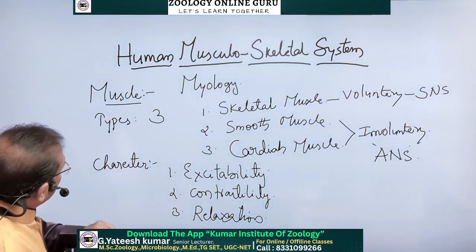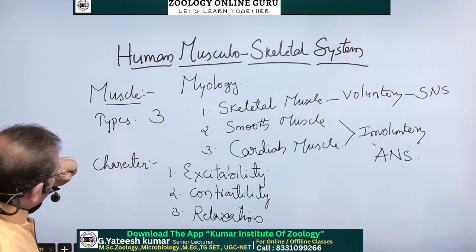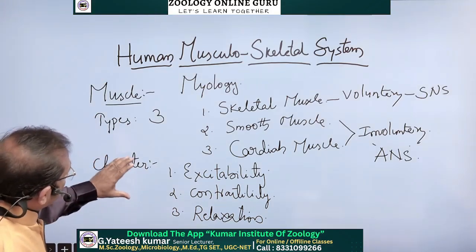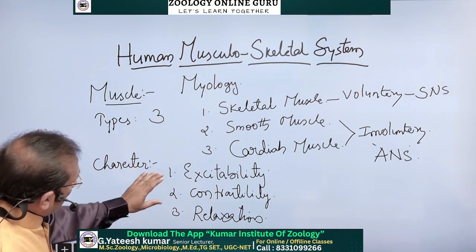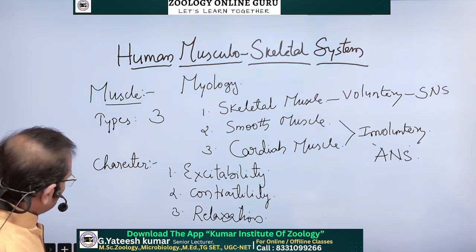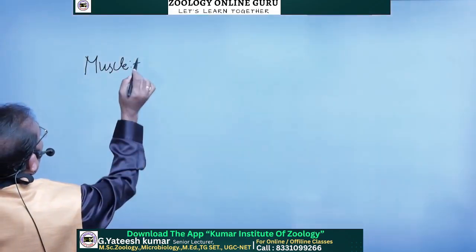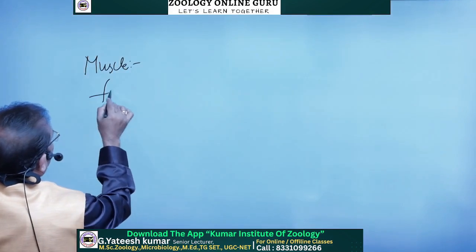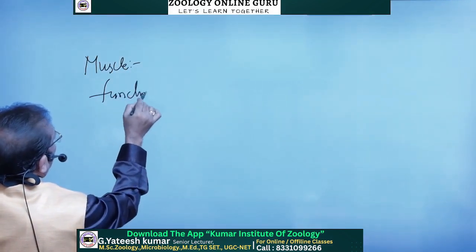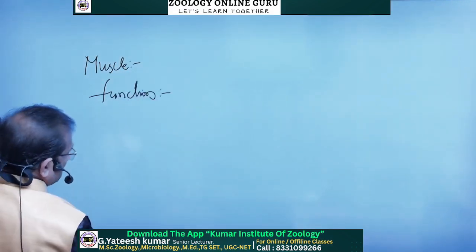The study of muscle is called myology. There are three types, and the characters of the muscles are excitability, contractility, and relaxation. Muscle function: what is the function of a muscle?